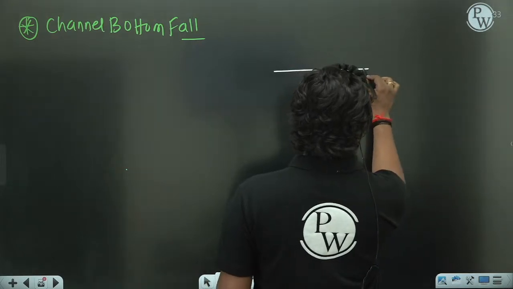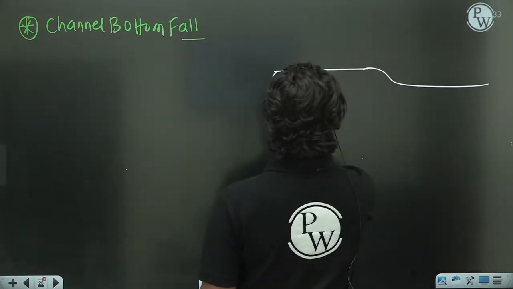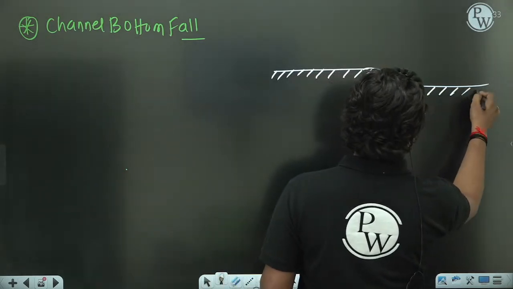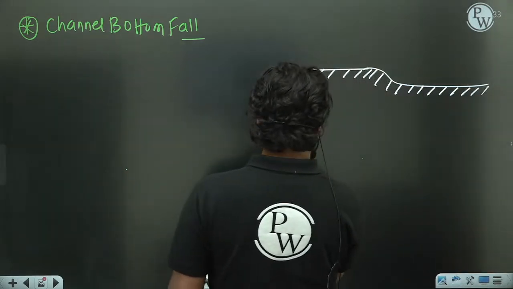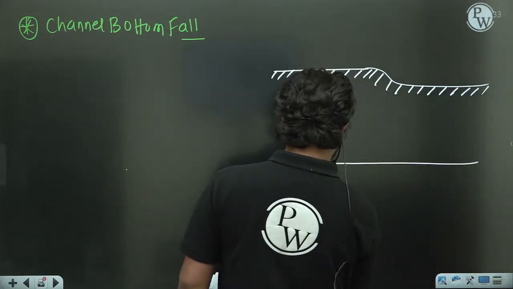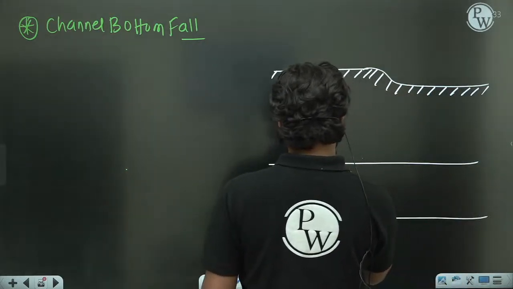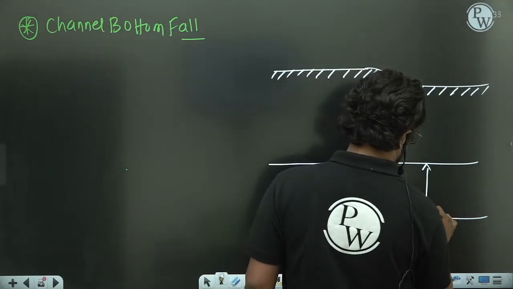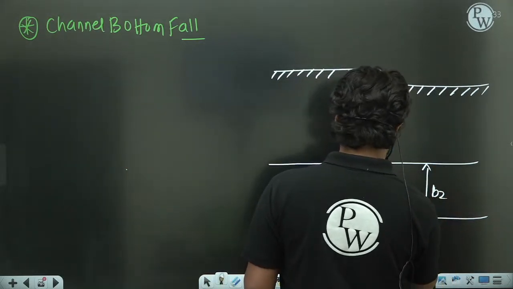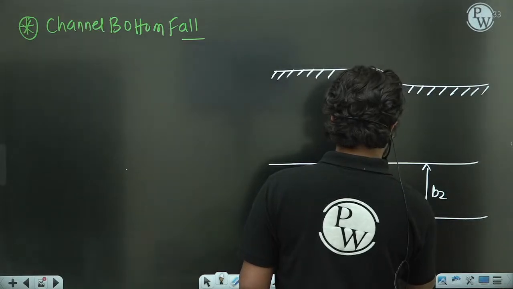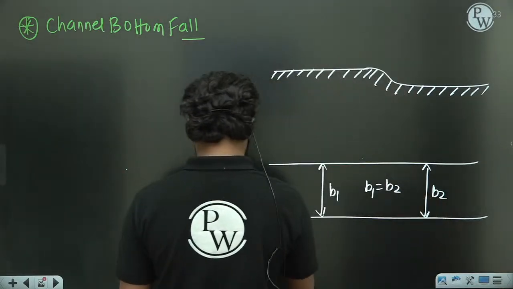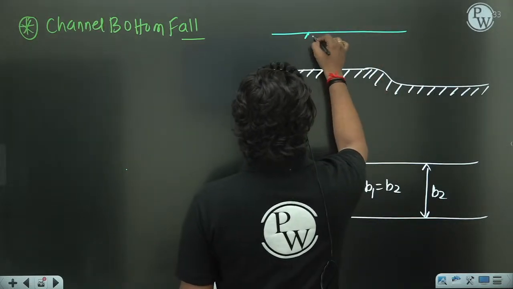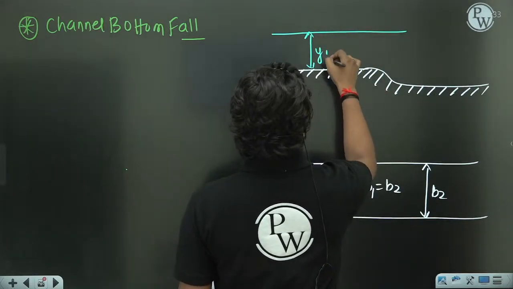This is your channel. Suddenly it falls down. If you see from the top, there will be no change in the width. So B1 and B2 are the same. This is the initial depth which is given to you.